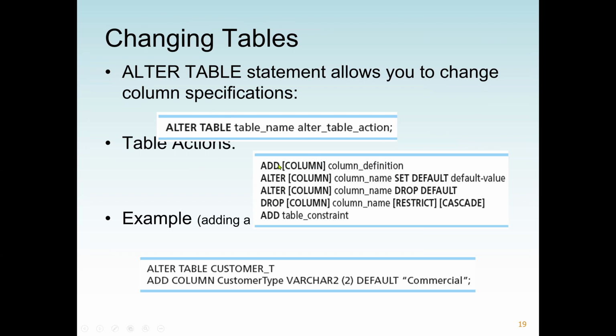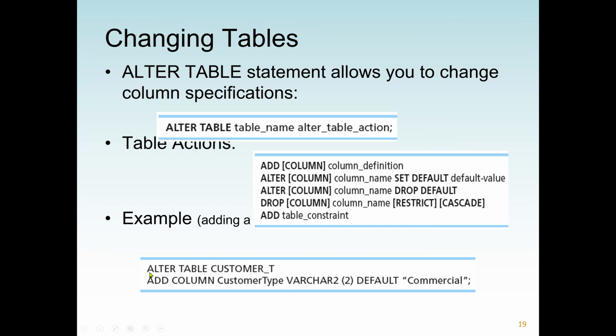A table action can be, for example, adding a column, altering a column, changing the content of a column, or dropping a column, that is, removing the attribute, or adding table constraints. The constraint here can be primary key, foreign key, etc.